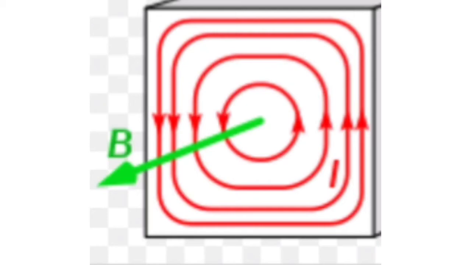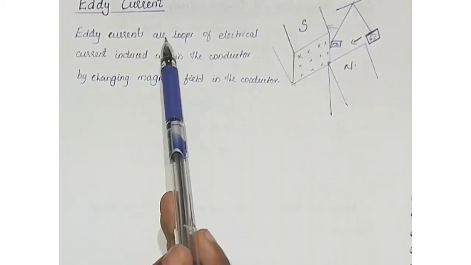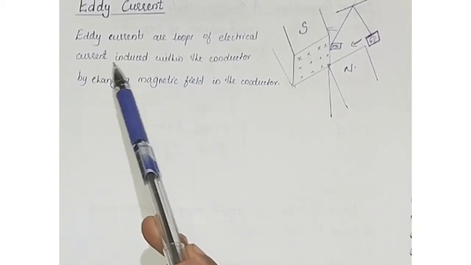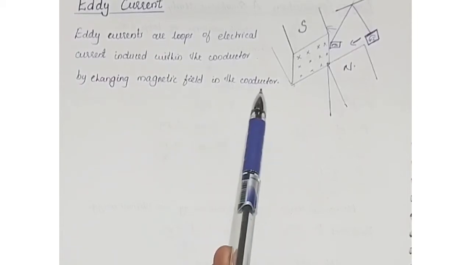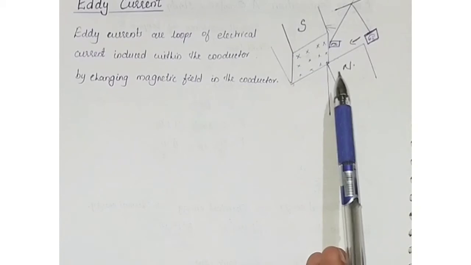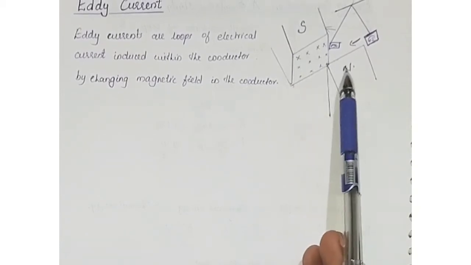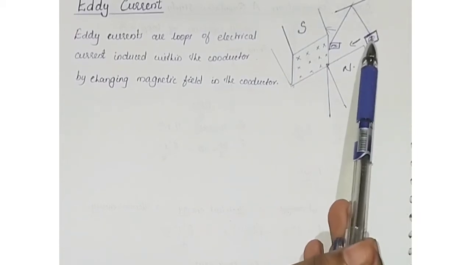These currents are called eddy currents. Eddy currents can be defined as the loops of electrical current induced within the conductor by a changing magnetic field in the conductor.